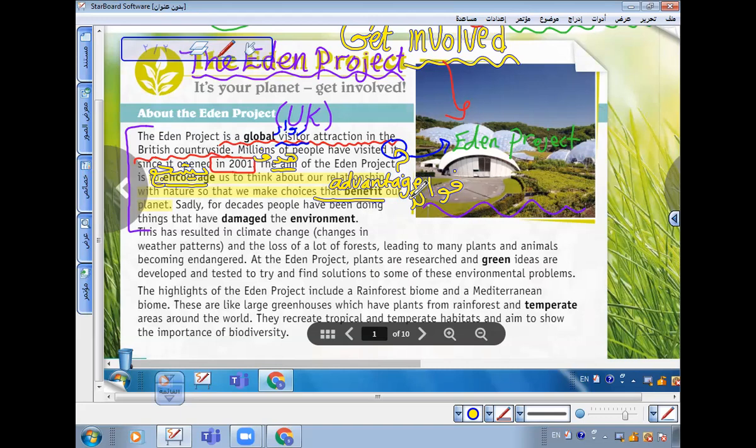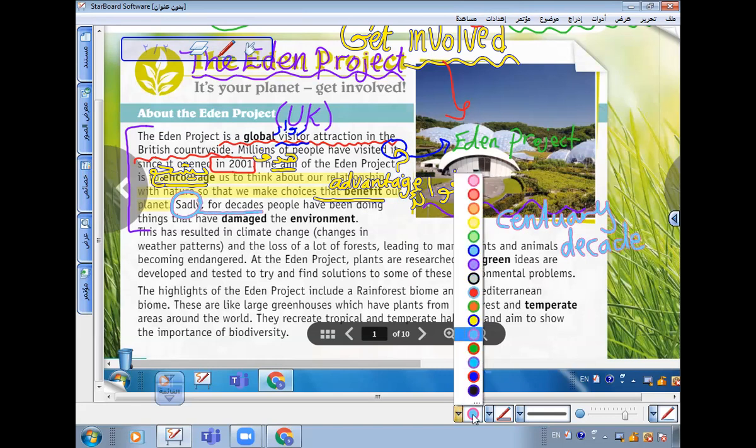Sadly, this is the most important thing for everyone to focus on. Sadly, for decades. What does the word decades mean? You should know the difference between century and decades. What does the word century mean?